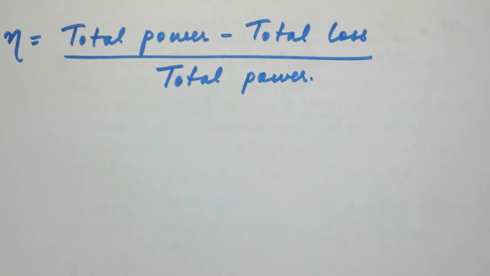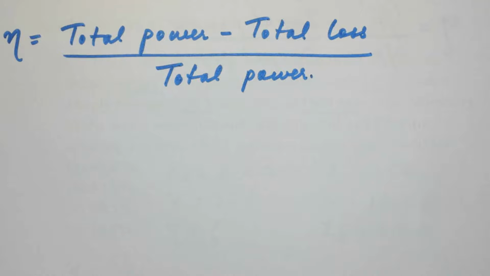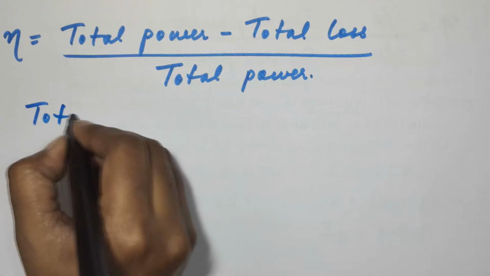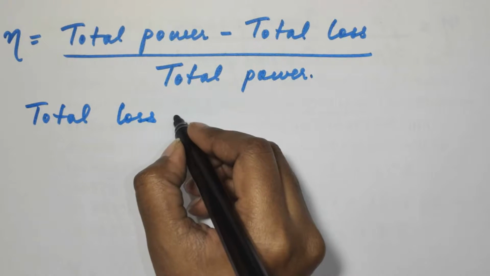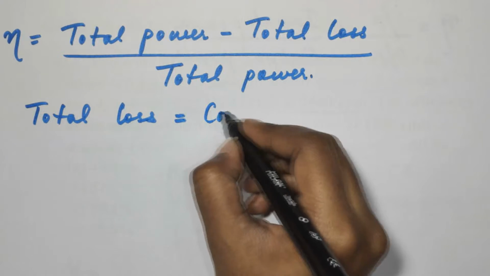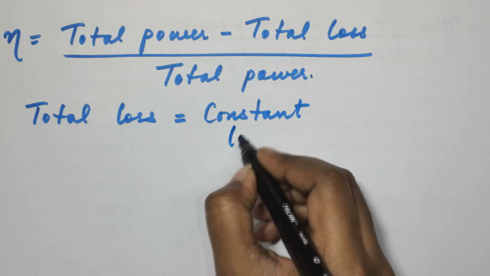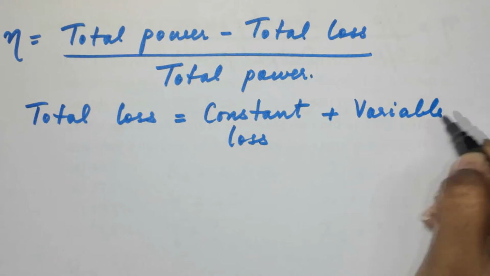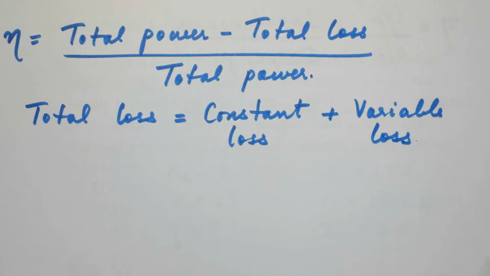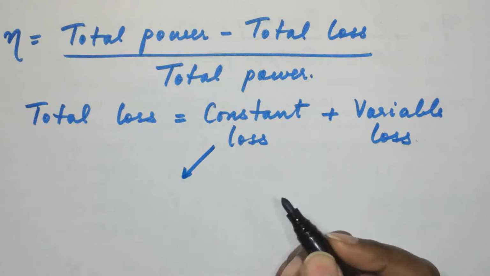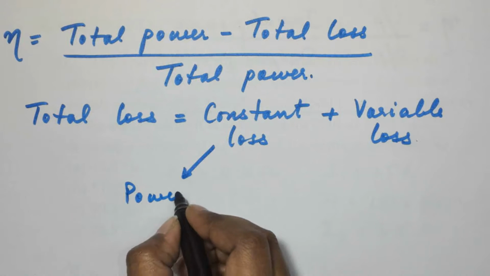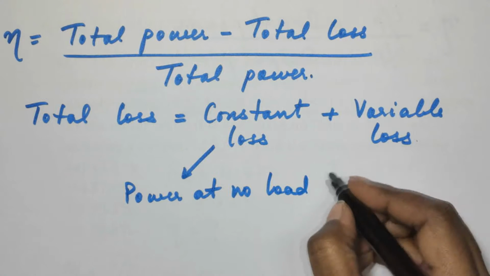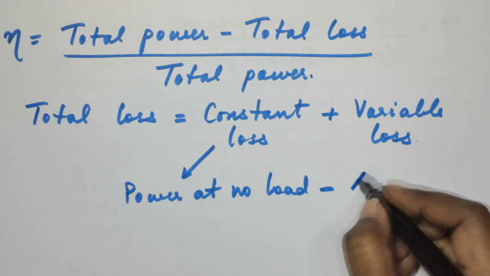Now let's calculate each one. We'll start with total loss. So here total loss can be written as constant loss plus variable loss. Now constant loss can further be written as power at no load minus armature loss.